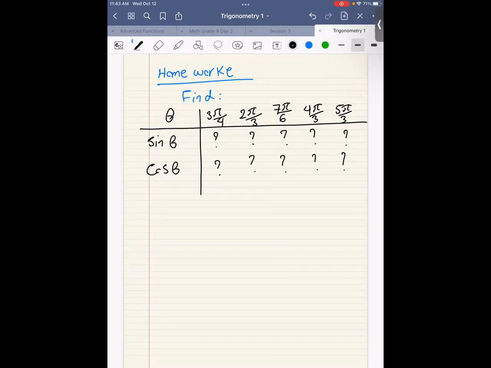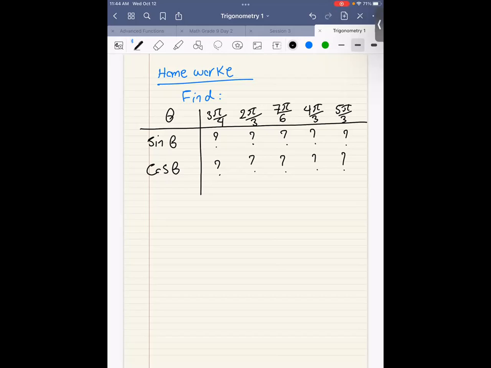For instance, 2 pi over 3 is basically pi minus pi over 3, so it's in the second quadrant. But 7 pi over 6 is in the third quadrant. Did you ask something? No. Okay. So please do this.